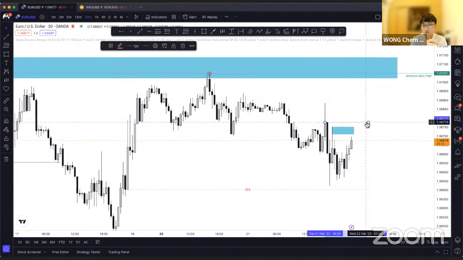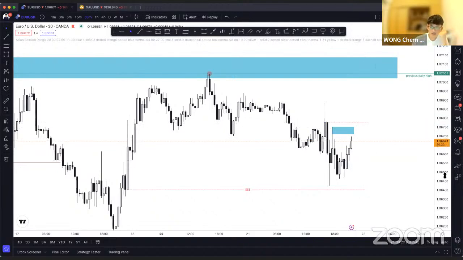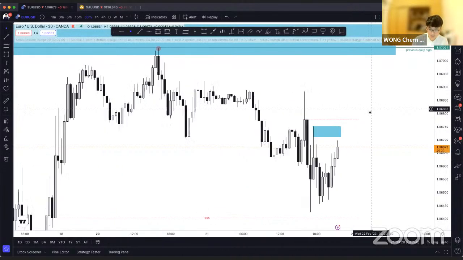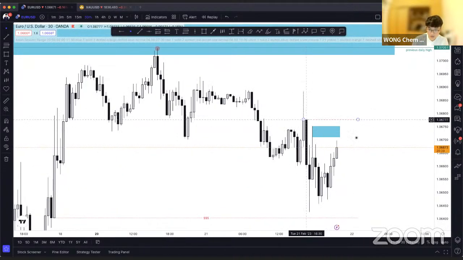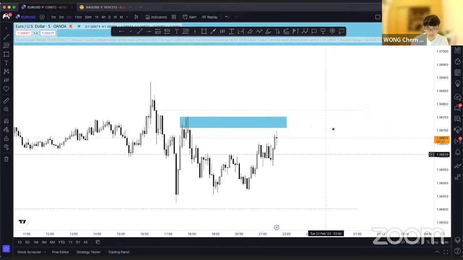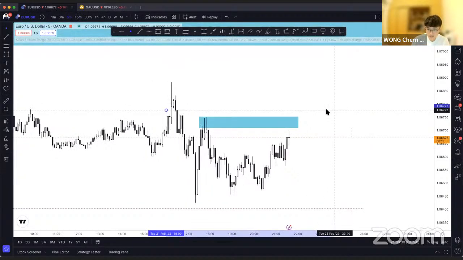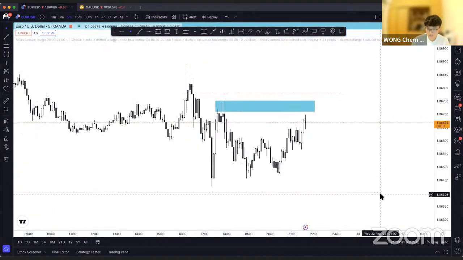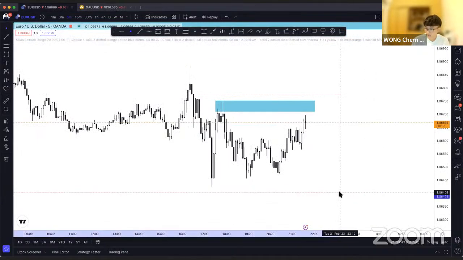Many of you will be asking me, why this area? The reason is because there is buy side liquidity present, so I believe that price can hit up to clear this area. And if I go down to the 15 minutes time frame, that coincides very nicely with our supply zone.